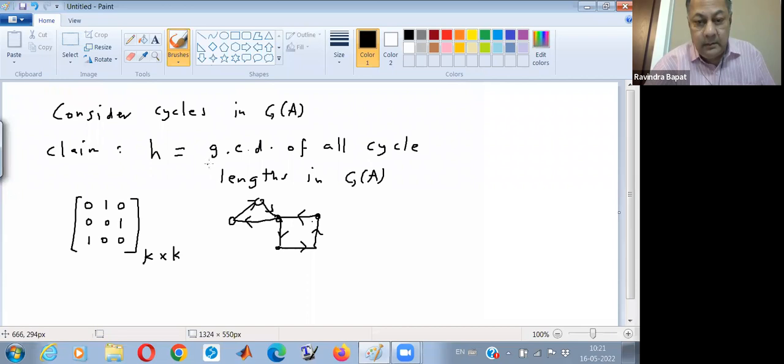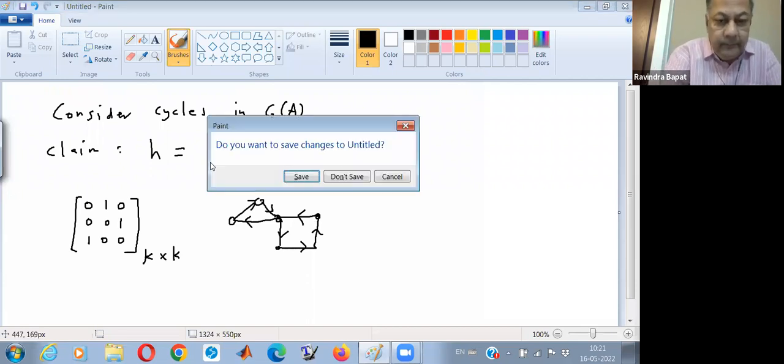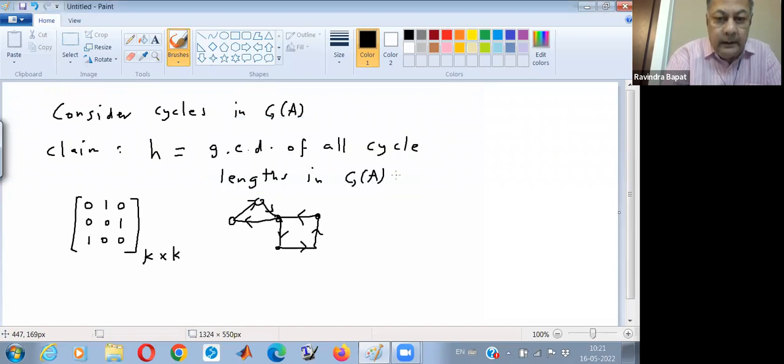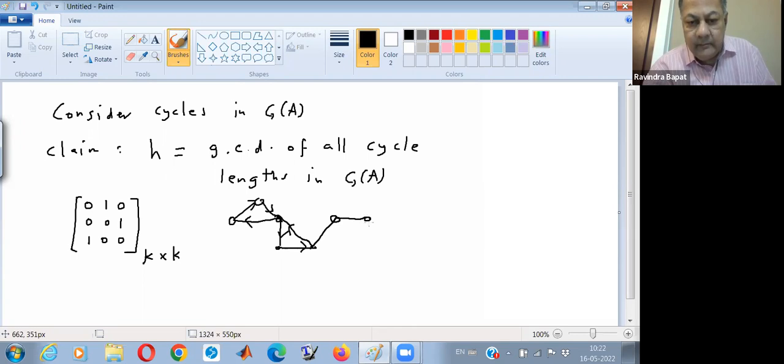But if it so happens that there is a cycle of length 3, and suppose there is another cycle of length 3, and suppose there is a cycle of length 6, then there are cycle lengths 3, 3, and 6.